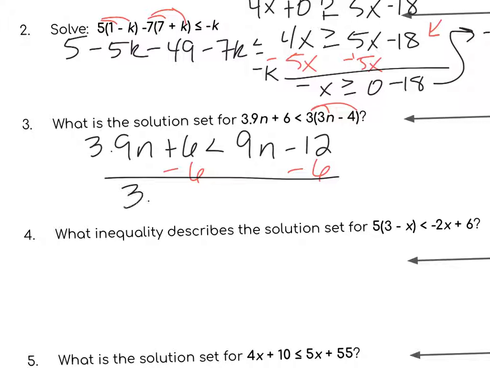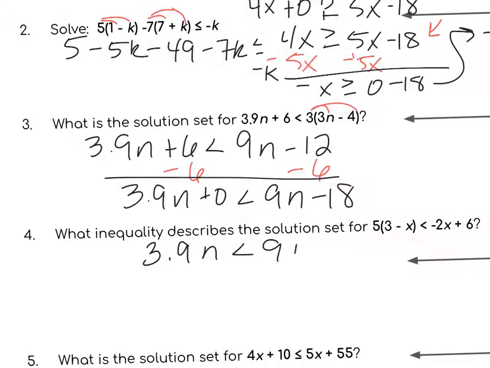That leaves me with 3.9n plus 0 less than 9n minus 18. Okay, so 3.9n less than 9n minus 18. So now, since I have a number over there on the right, I must want my letters on the left.